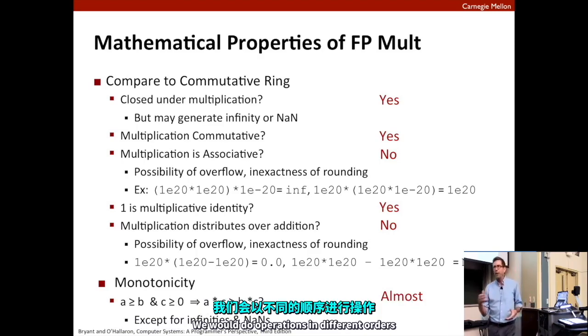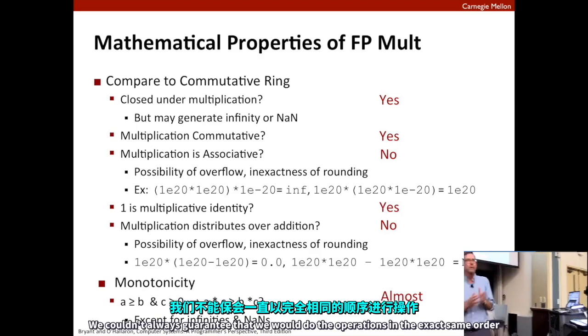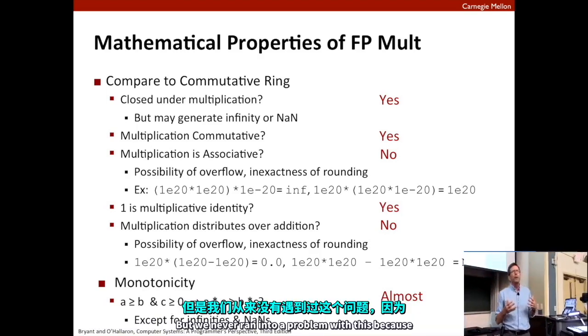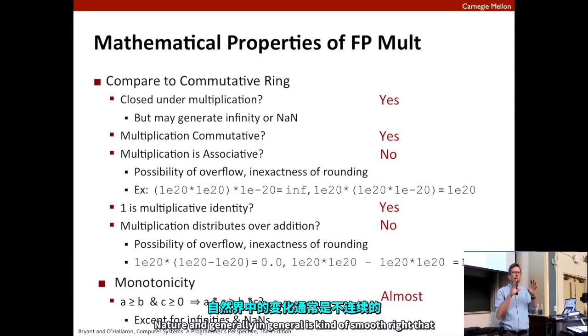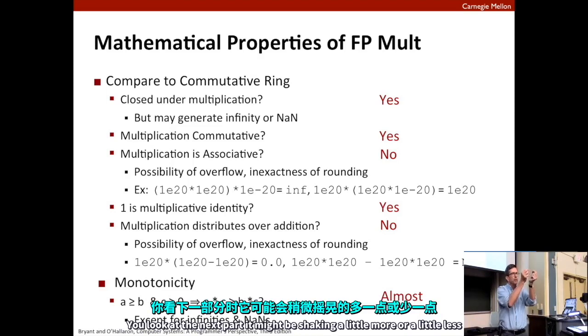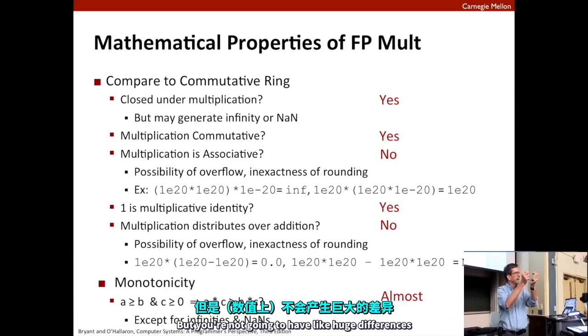We would do operations in different orders. We couldn't always guarantee that we would do the operations in the exact same order. But we never ran into a problem with this because nature in general is kind of smooth. If one part of the ground is shaking like this, the next part might be shaking a little more or a little less, but you're not going to have huge differences.